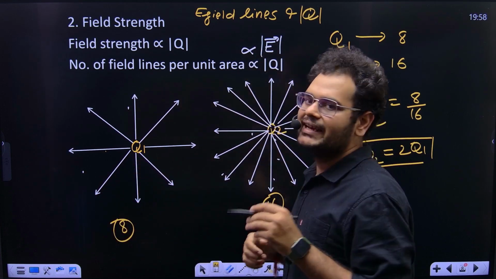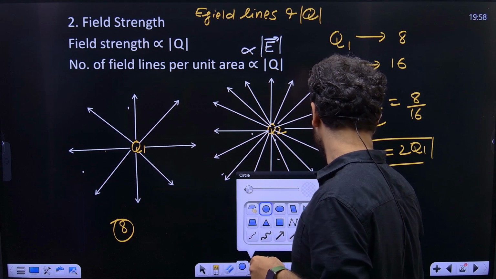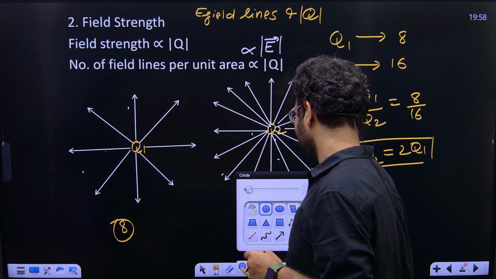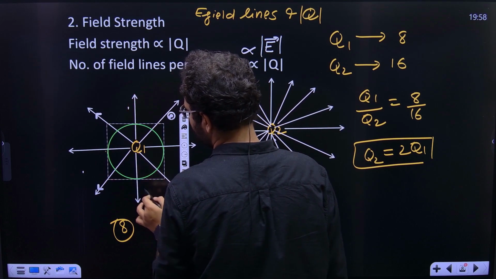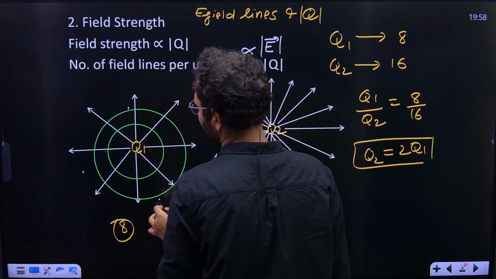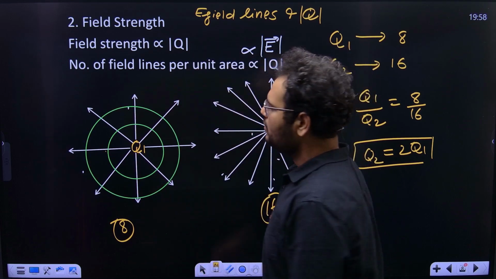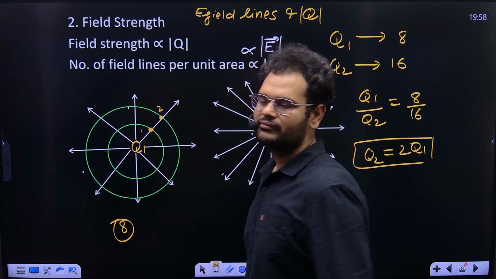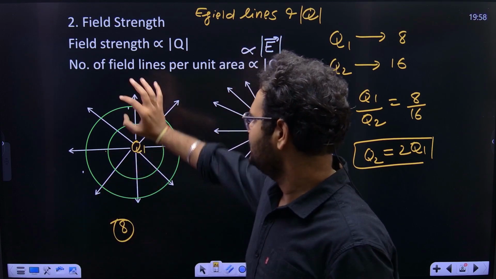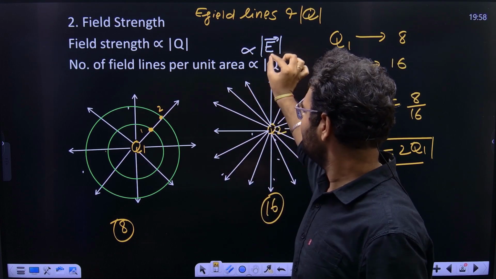What next? Suppose I take an imaginary area. Let us say this is one area, and another circle, this is another circle. Now if this is point number 1 and this is point number 2, see what I have written: number of field lines per unit area is directly proportional to electric field.